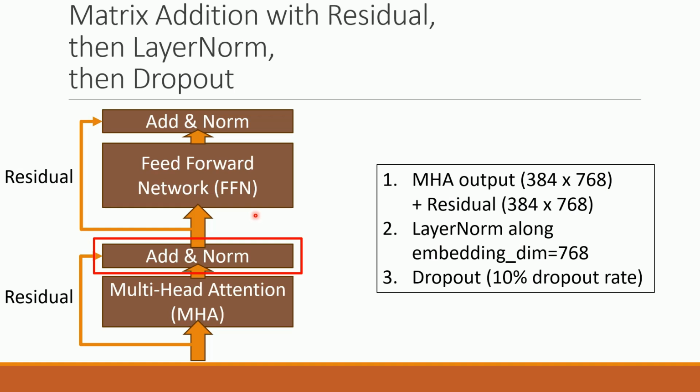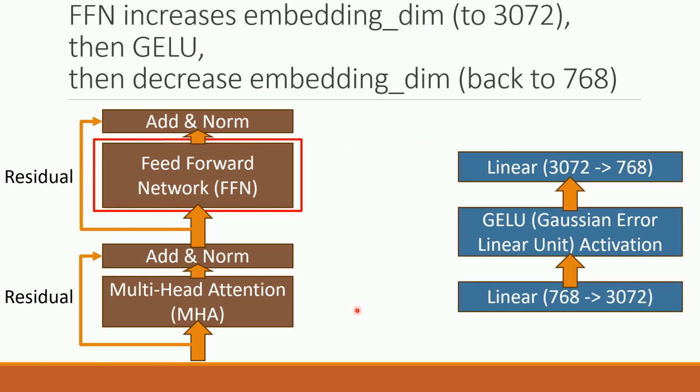Following which, you do a matrix addition with the residual connection over here, layer normalization, and then you drop out with a 10% dropout rate. So here are some of the details. After which, you pass it to the feed-forward network, in which the first linear layer will increase the hidden dimension to 3000 plus, and then you apply the GELU activation function, and then you decrease the embedding dimension back to 768 over here.